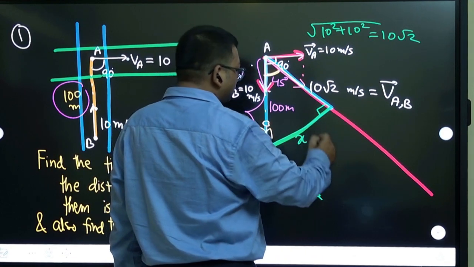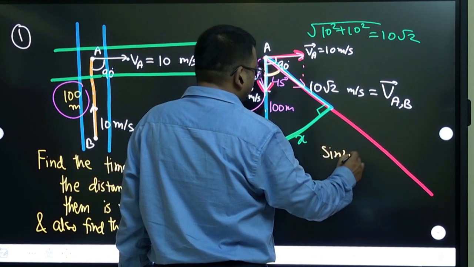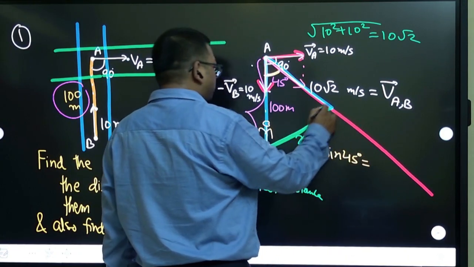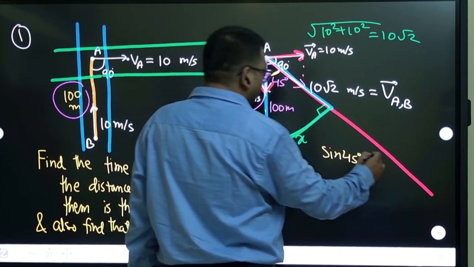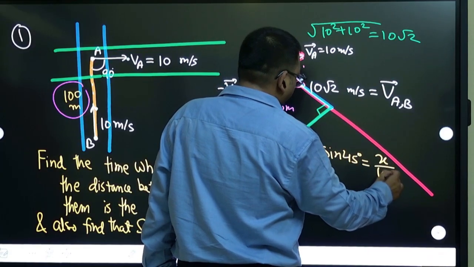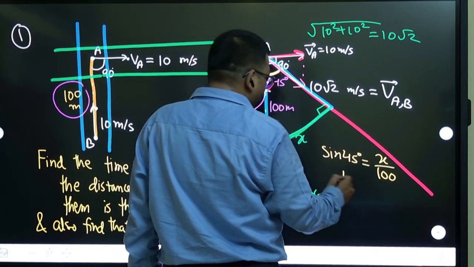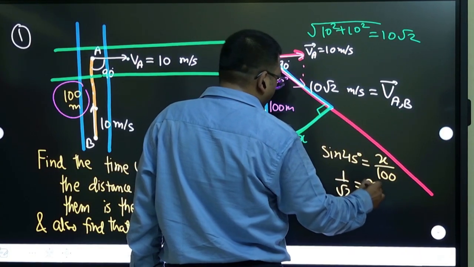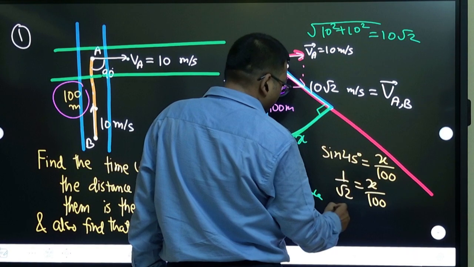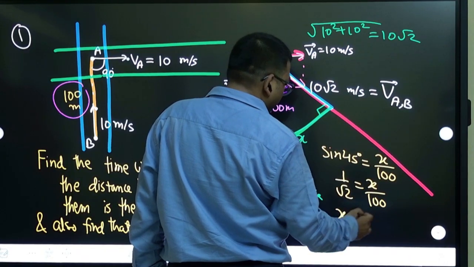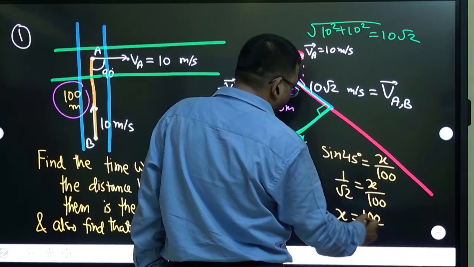Sine theta you use. Sine 45 degrees. Sine 45 is what? Opposite by hypotenuse. So x by 100 equals 1 by root 2. You got x: 100 by root 2.